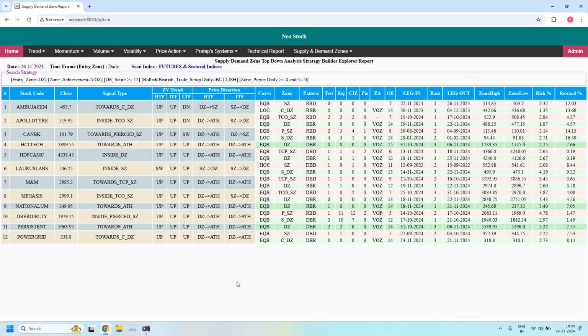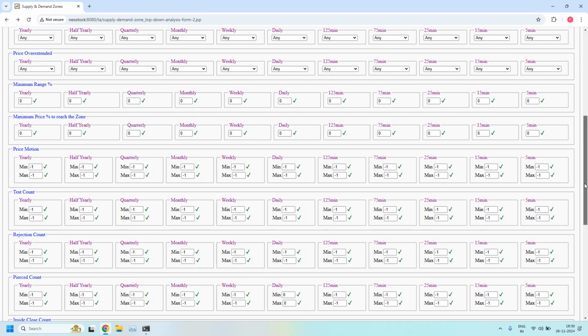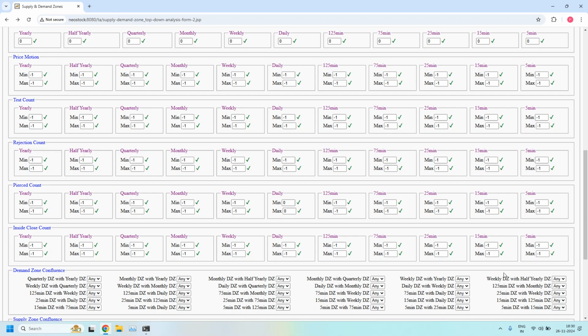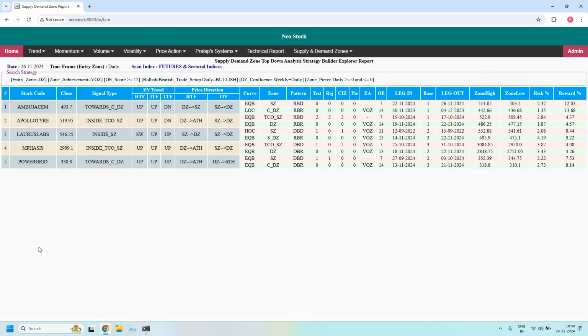So based on LTF and ITF demand zone confluence, let's verify. LTF is daily and ITF is weekly. Daily demand zone with weekly demand zone confluence. That means daily demand zone should be part of the weekly demand zone. With this filter, we got 5 stocks.